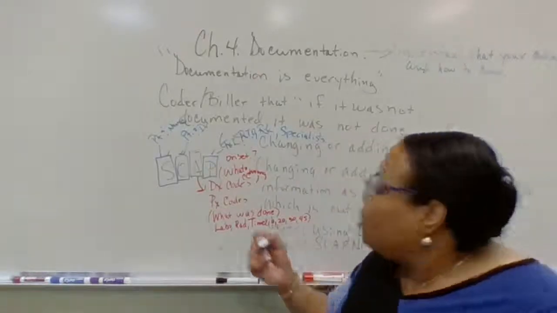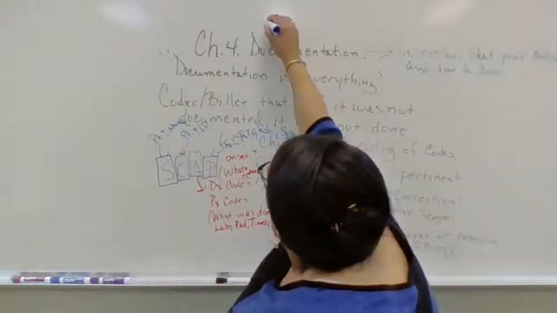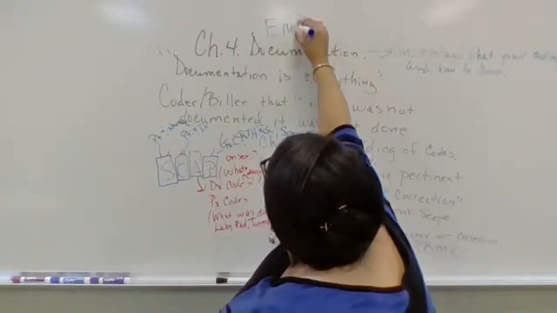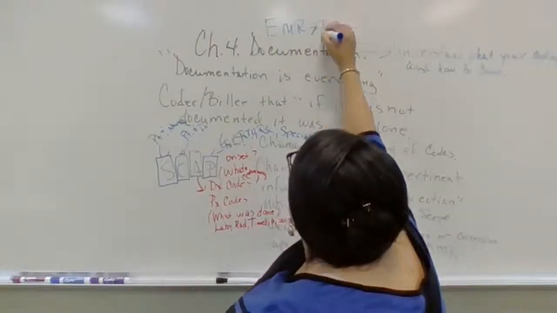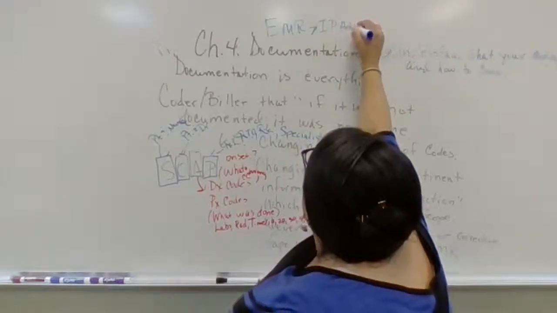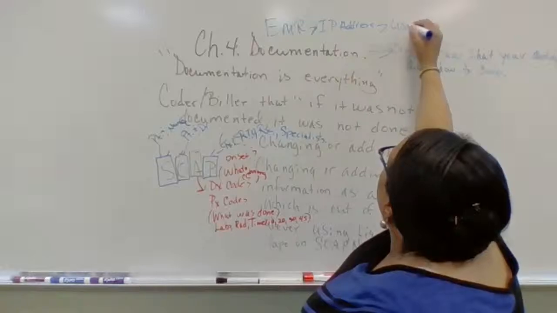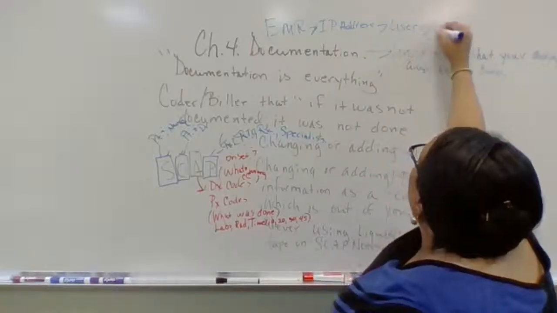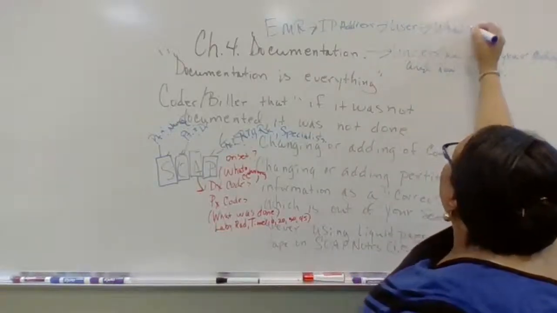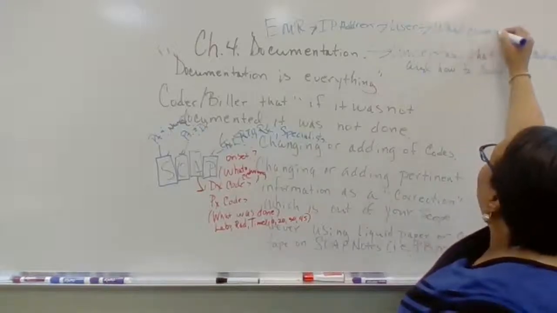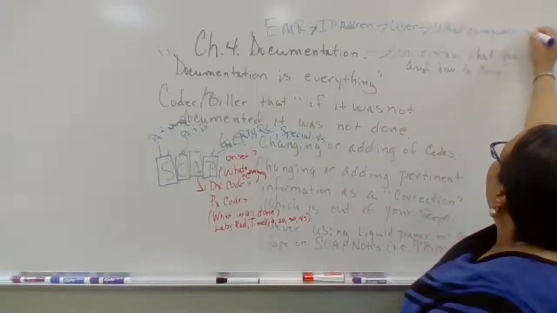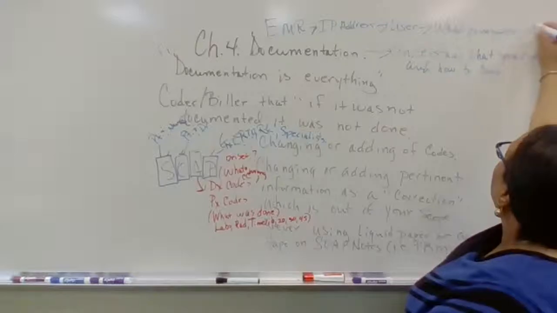Believe you me, when you're dealing with electronic medical records, they have IP addresses. That IP address tells who was the user, what computer, and what time this was done on the computer.